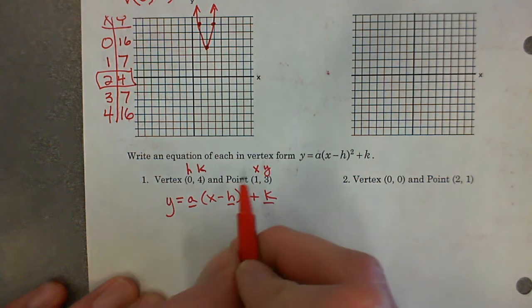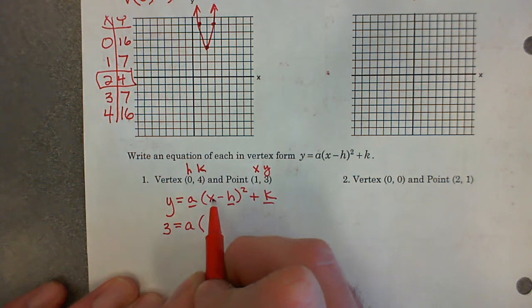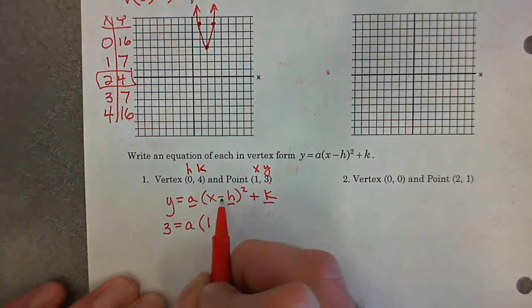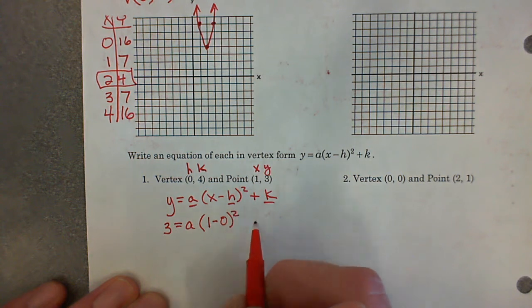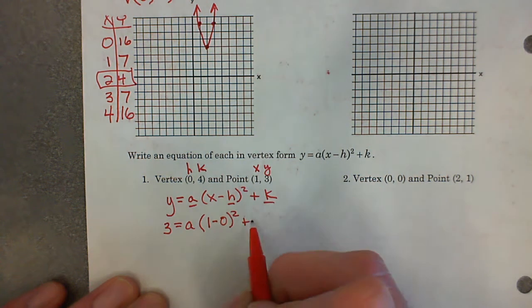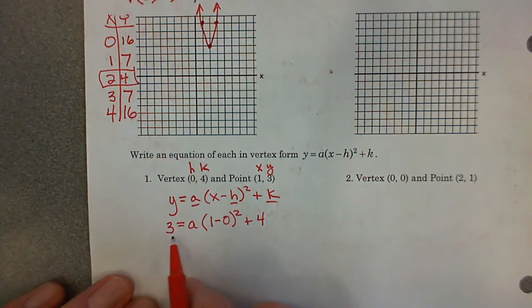So what's y? y is 3 equals a times what's x? x is 1 minus h, h is 0, squared, plus what's k? k is 4. So here, got all numbers except for a, so let's do the algebra.